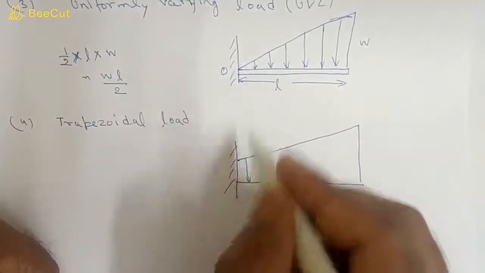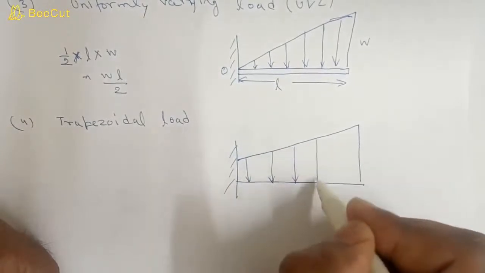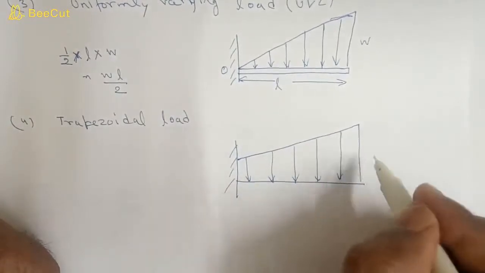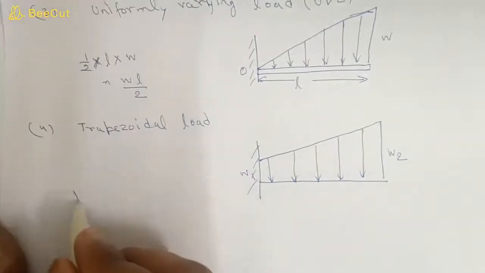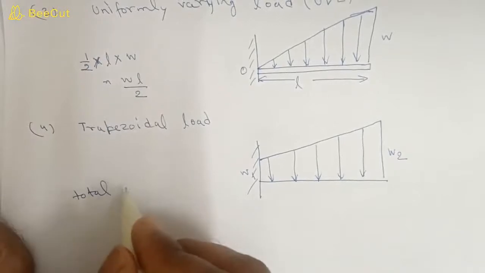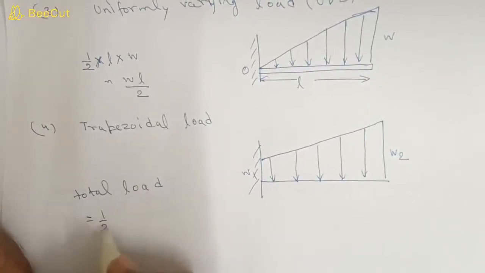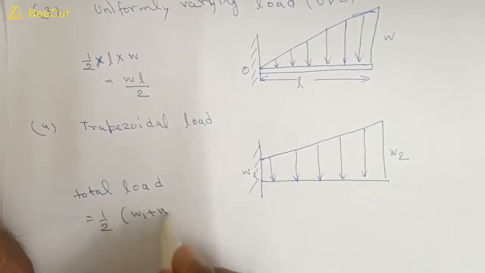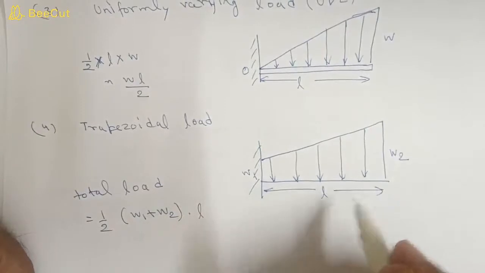Here it was starting from 0, but it will start from some value of load, not from 0. Suppose this is W2, this is W1, then the total load will be the area of this trapezoid. So the total load is half into W1 plus W2 into L, where L is the length of the beam.